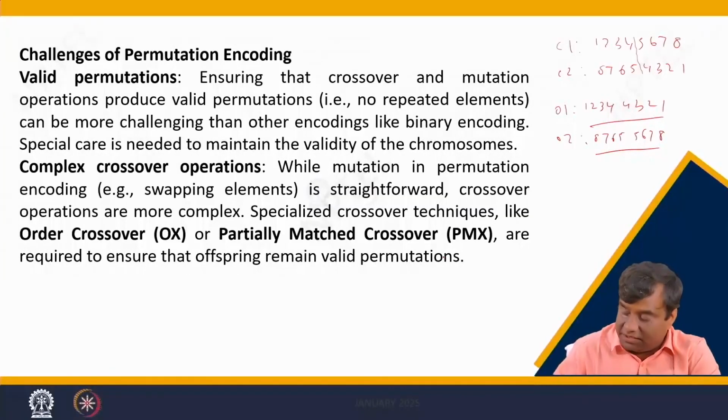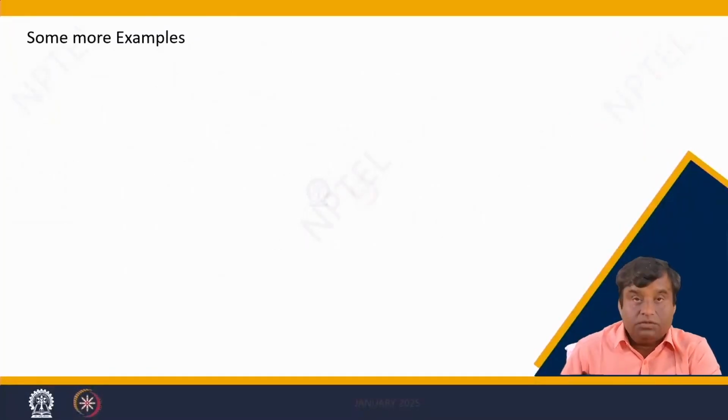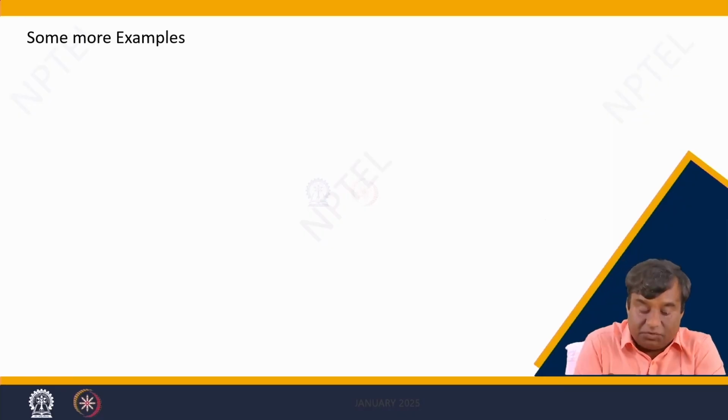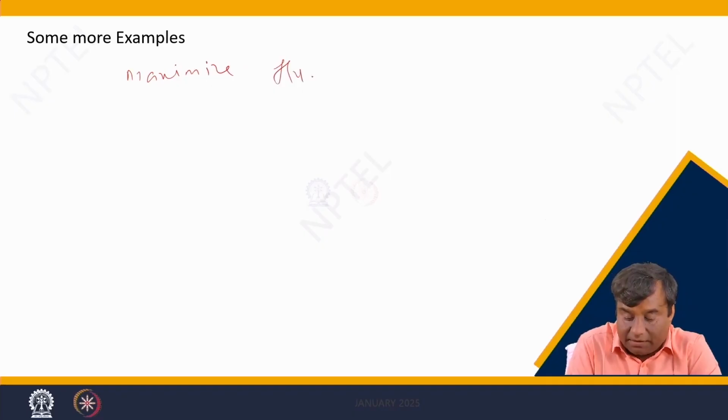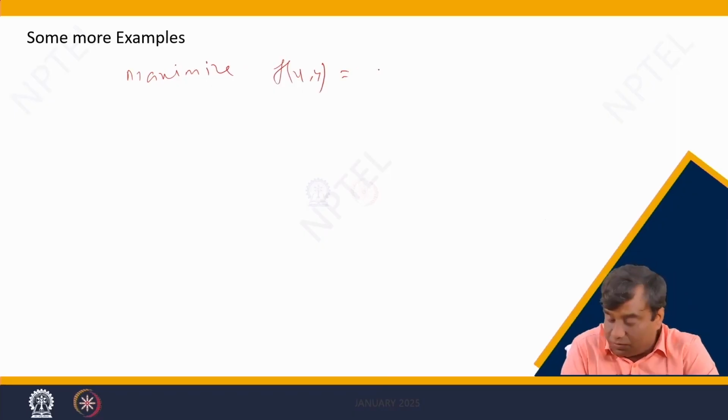Now let us try to understand some examples of real encoding and also binary encoding. Suppose we have a problem: maximize f(x,y) = x cube minus x square y plus 2xy plus y cube, where x is less than or equal to 10 and y is less than or equal to 10.